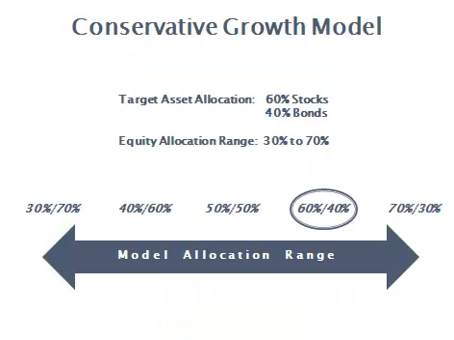I'd like to spend just another minute or two talking about the three models. The conservative growth model is structured in such a way that the target asset allocation is 60% stocks, 40% bonds. However, depending on the overall market trend, that equity allocation portion could actually range from as low as 30% to as high as 70%.